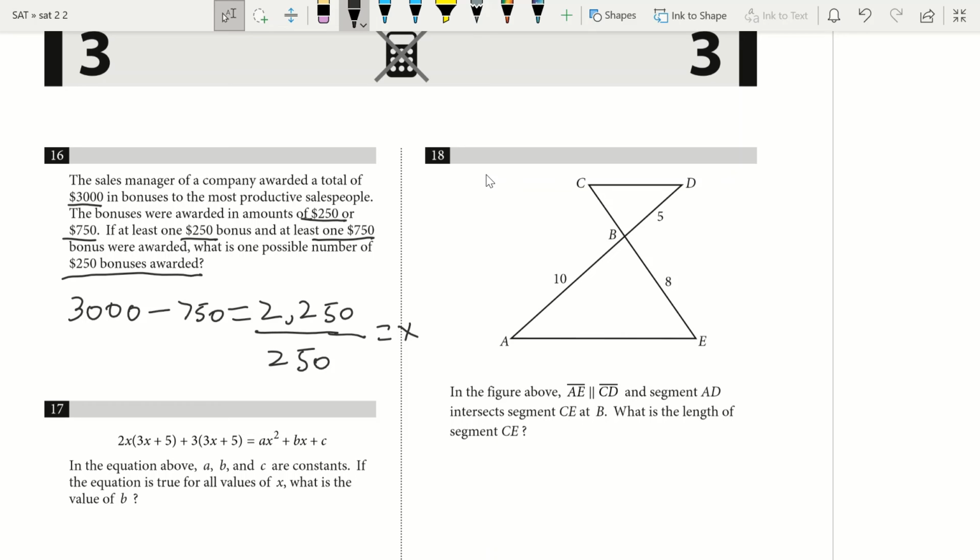Honestly, you can just think: 10 times 250 is 2,500, minus 250, that'll be 9. So 9 will be your answer.